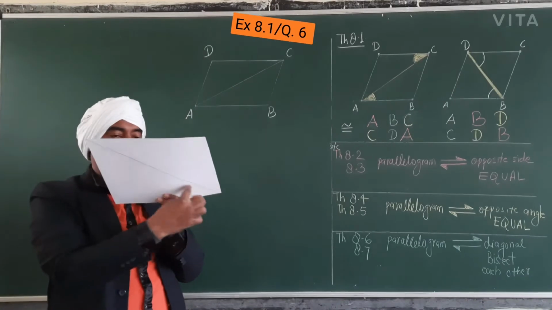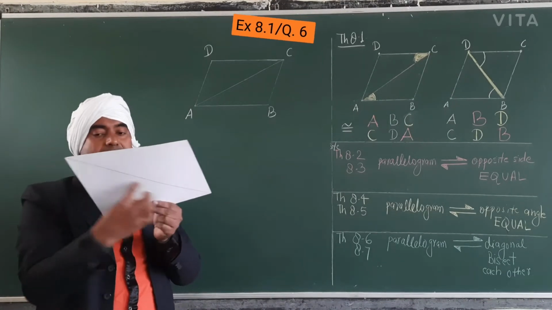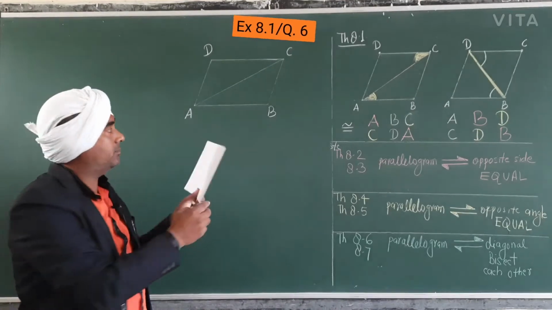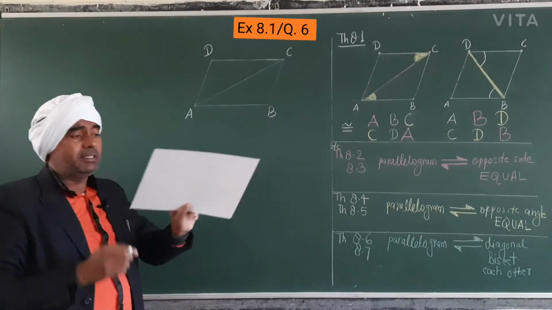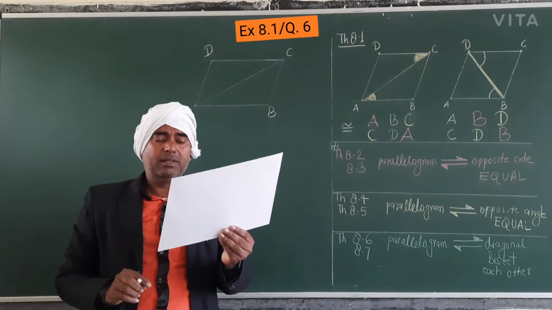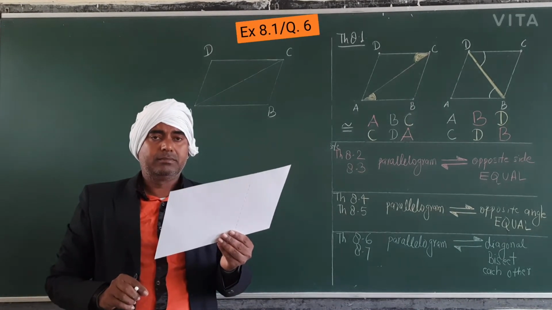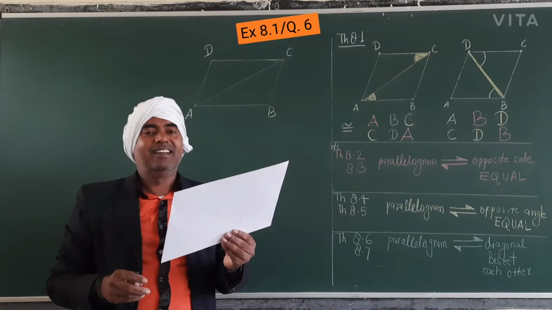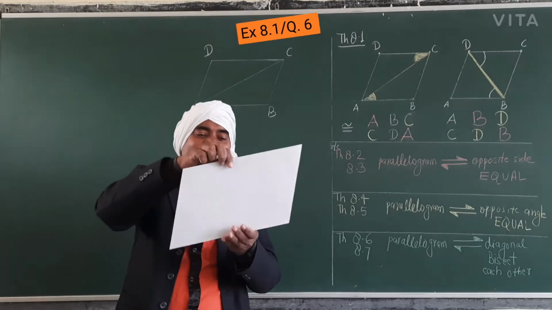Diagonal bisects angle A. In normal, this is a parallelogram. Are you confirmed this is a parallelogram? Yes, because these sides are equal to this.